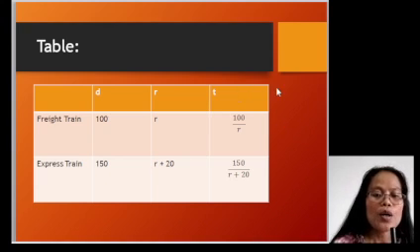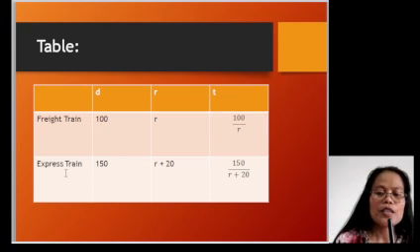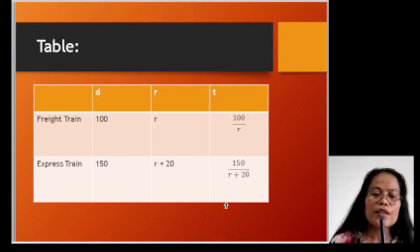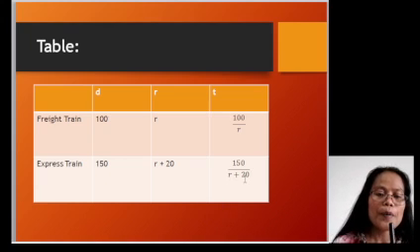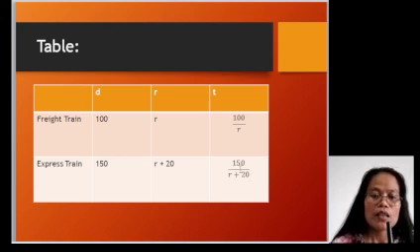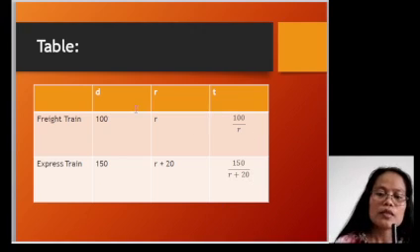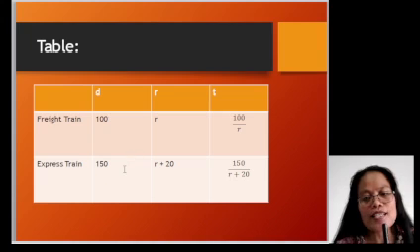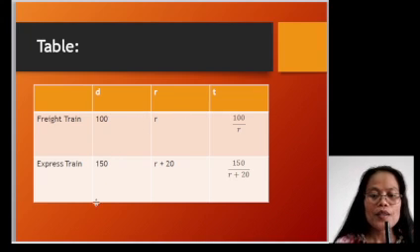For the time, we have 100 over R for the freight train, and for the express train, we have 150 over R plus 20. Why did we get this formula? Do you remember the formula for distance, rate, and time?